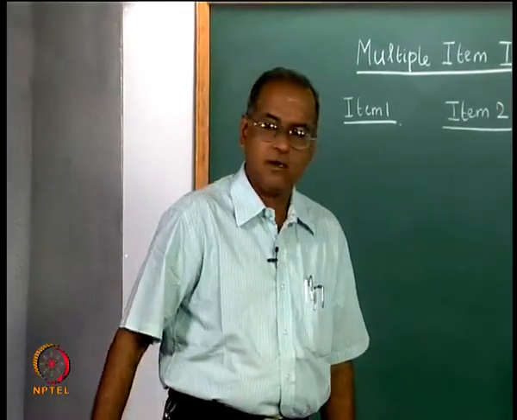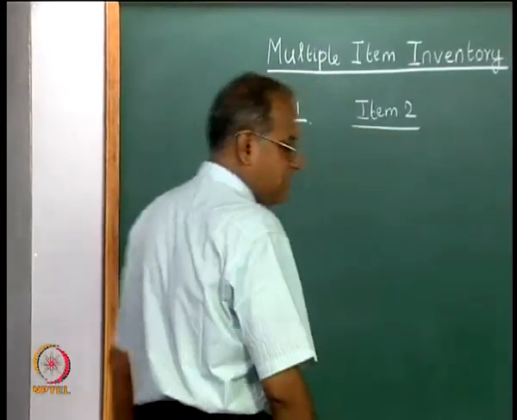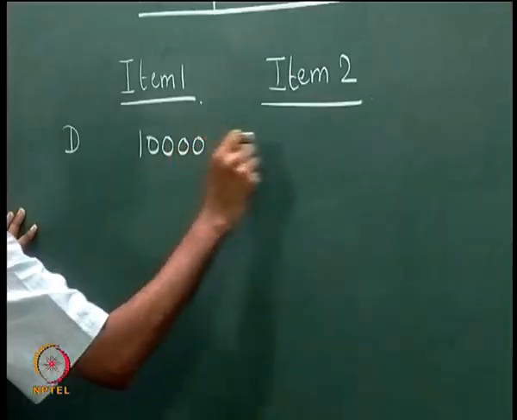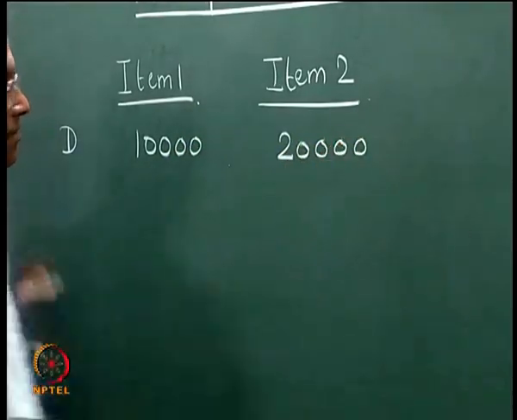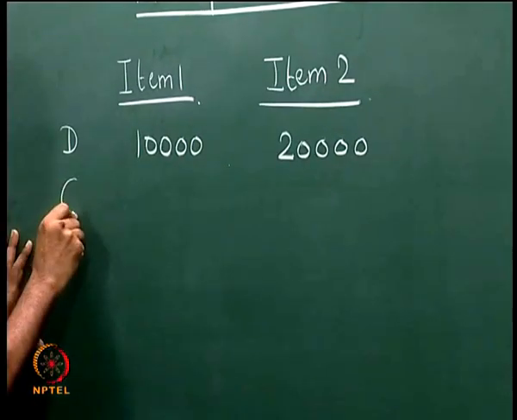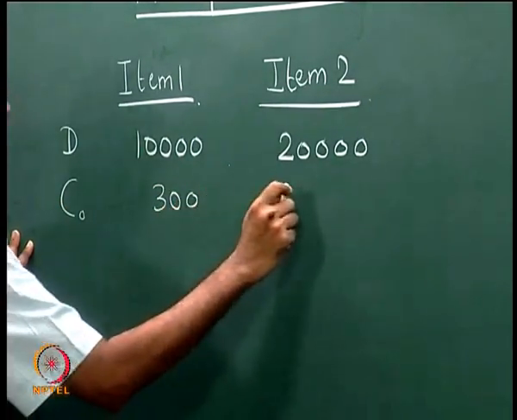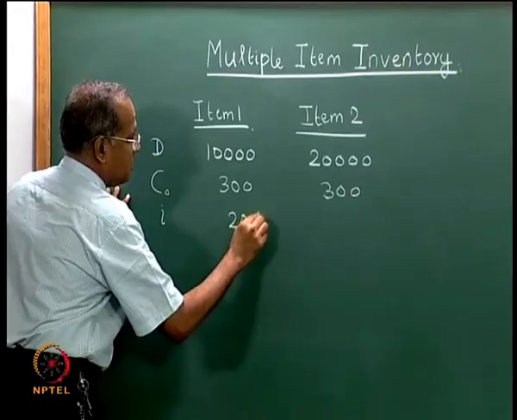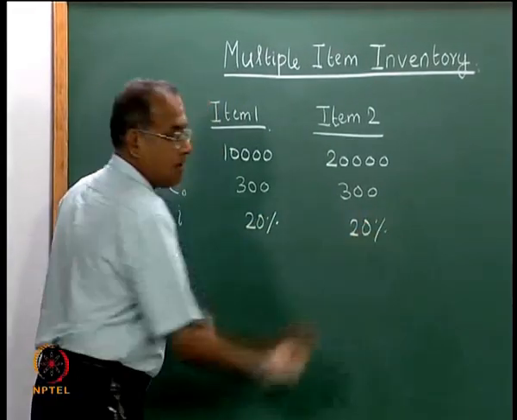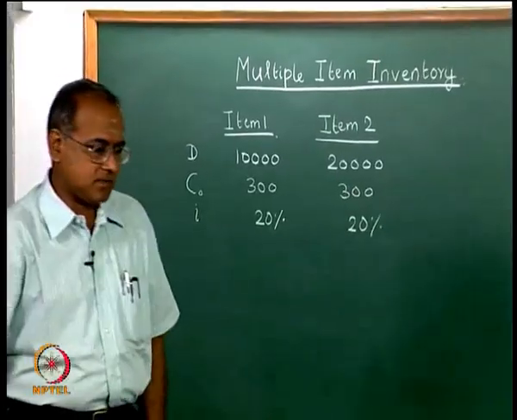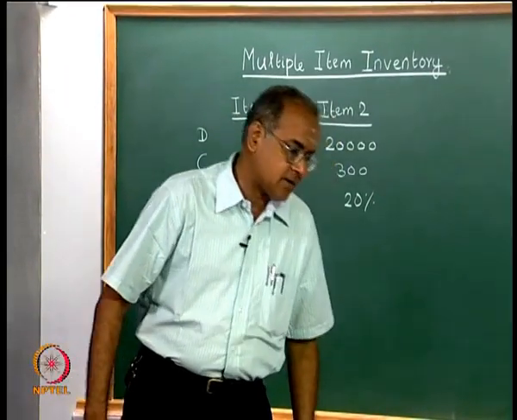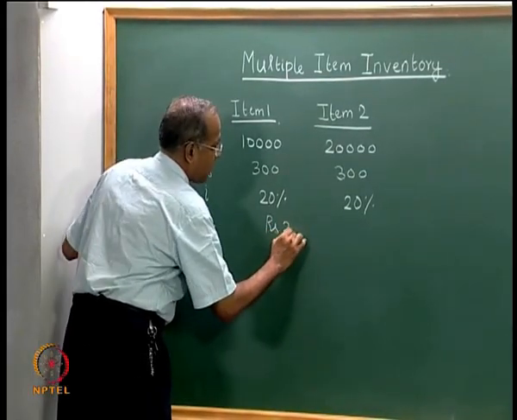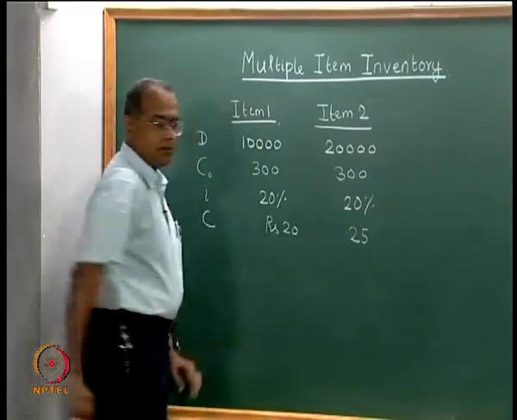Let us apply it to the same numerical illustration. Let us consider two items whose demands D are 10,000 and 20,000 per year. The order cost C naught is the same, 300 per order. The inventory holding cost is 20% of the unit cost for both the items, and the unit prices of the items are 20 and 25.